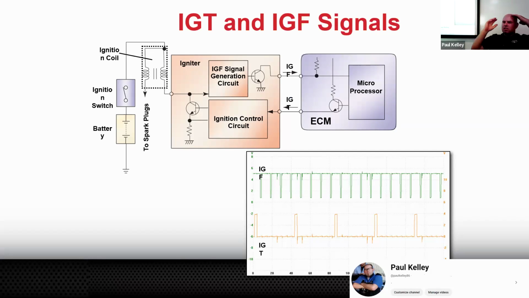Sometimes IGF is really just a manufacturer's way of knowing if the spark occurred or not. So really the important parts of the coil are going to be the 12 volts and the trigger. And then the IGF could be a feedback. The manufacturers want to monitor the spark, because did you know if you don't get a spark, there's raw fuel in your cylinder? Do you know where that raw fuel gets pumped into?